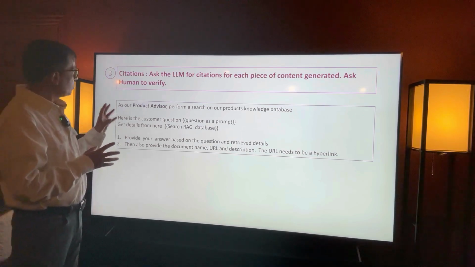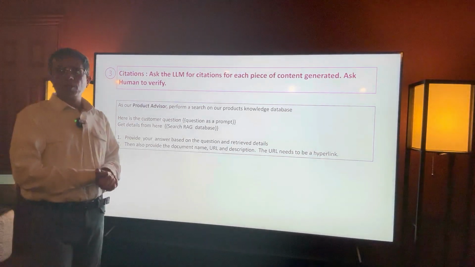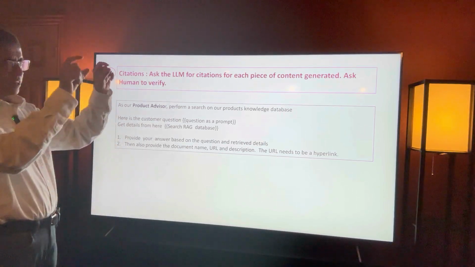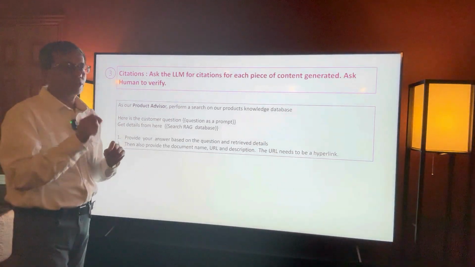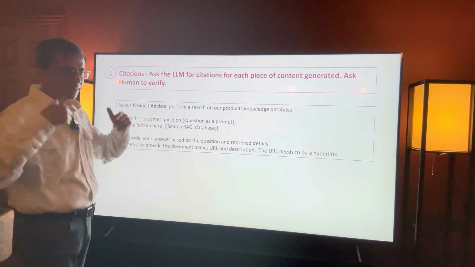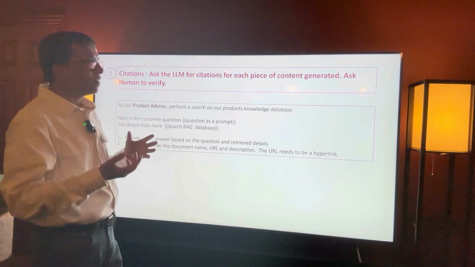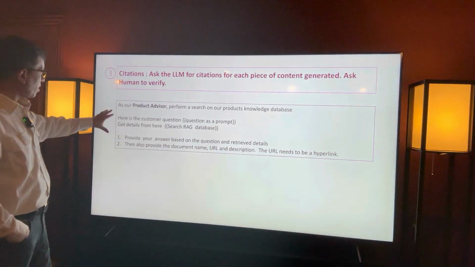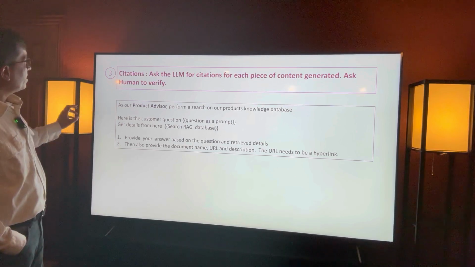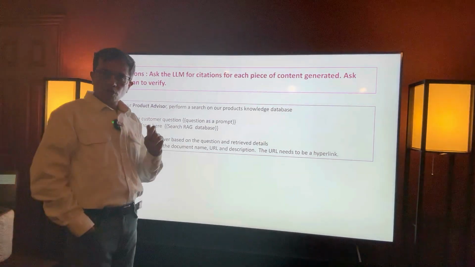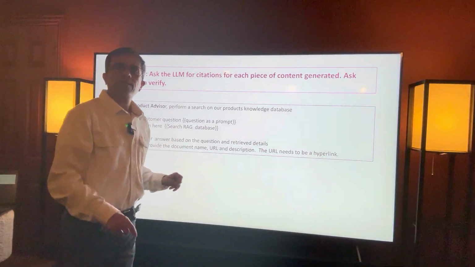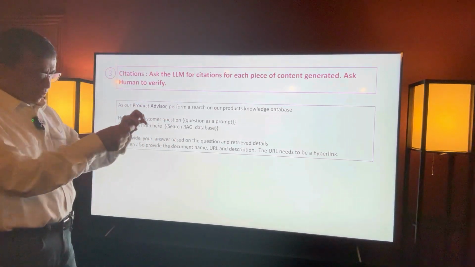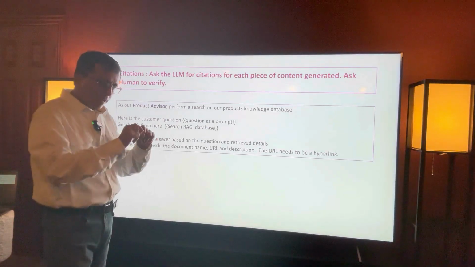Number three is citations. This has become very popular. You see tools like Perplexity, where for every answer they give you a citation so that humans can go to that link and verify the answer. Even in your own product, just craft the prompt to say, for each piece of content you generate, give me the citation, meaning the title of the section, which document you got it from, and the link.